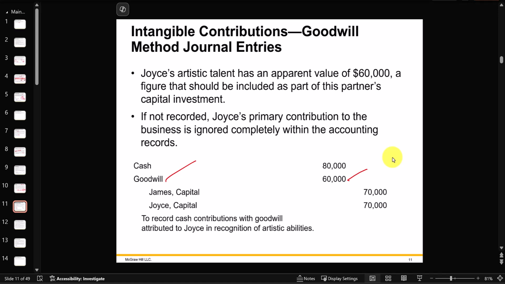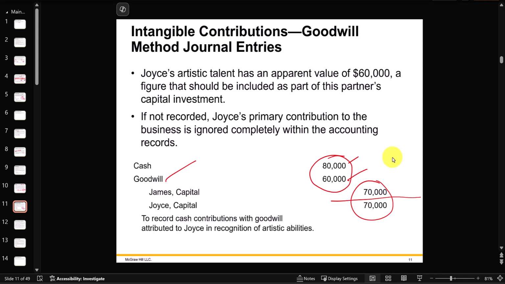So when you combine that with the total cash, here's $140,000 of assets. Accounting equation equal to zero liabilities plus $140,000 of equity. And because they're 50% ownership interest, again, not the same as profit and loss sharing interest, we split that in half. 70,000 to James and 70,000 to Joyce.